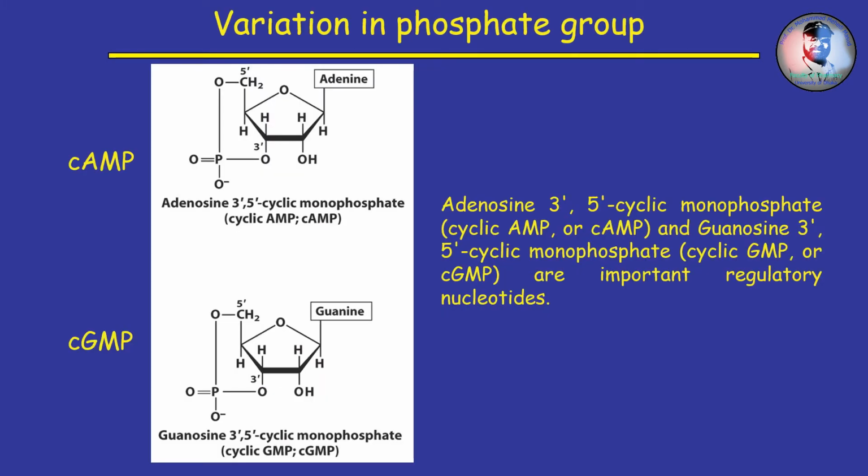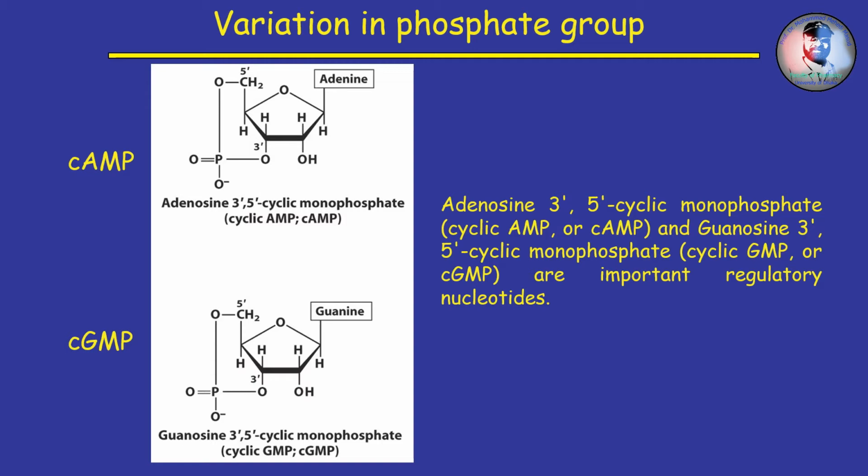A cyclic nucleotide is a single phosphate nucleotide with a cyclic bond arrangement between the sugar and phosphate group. Like other nucleotides, cyclic nucleotides are composed of three functional groups: a sugar, a nitrogenous base, and a single phosphate group.